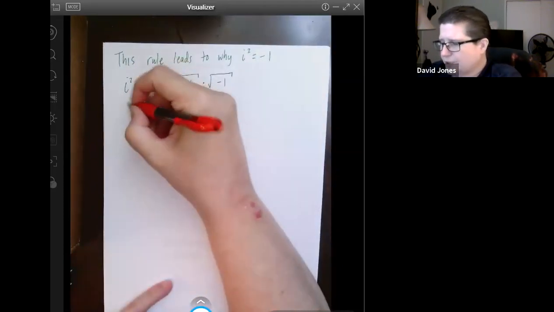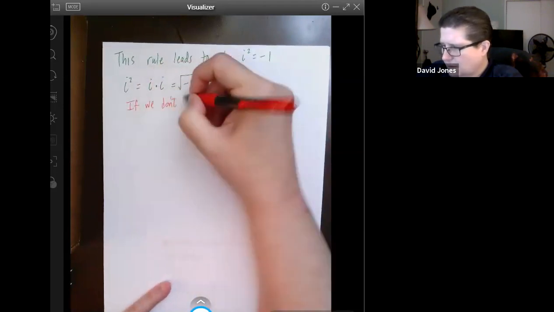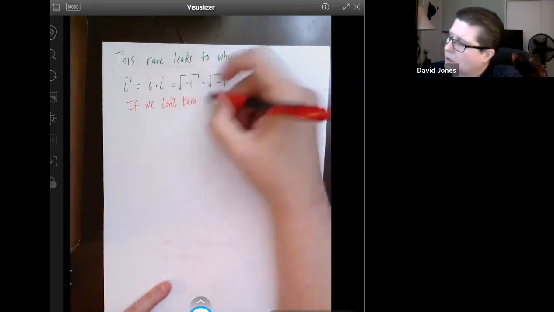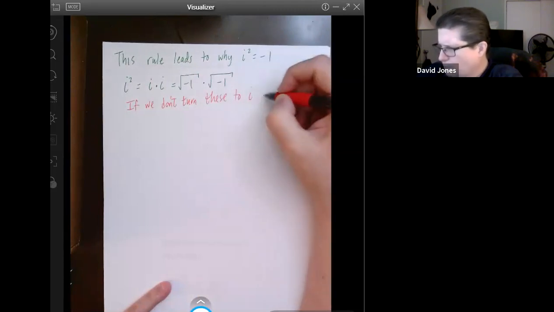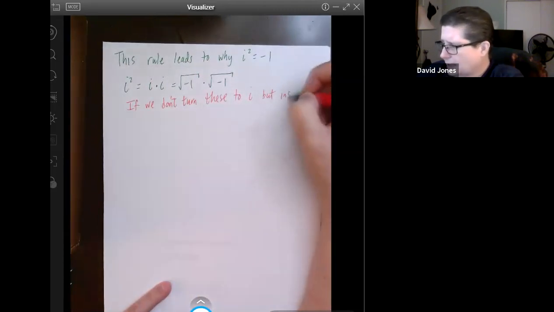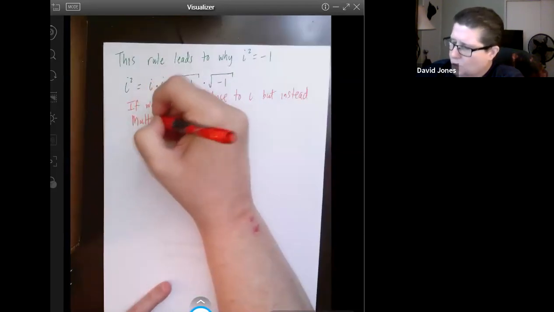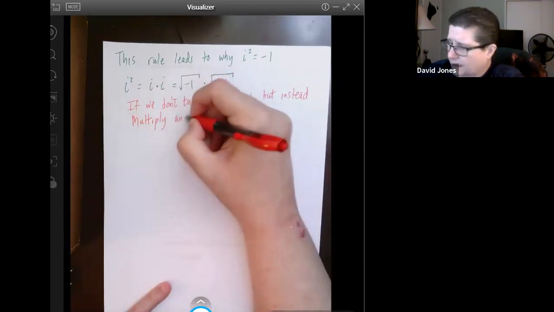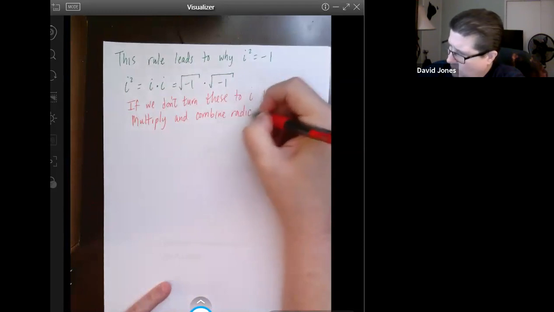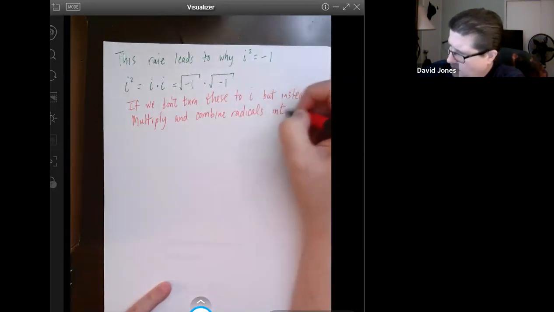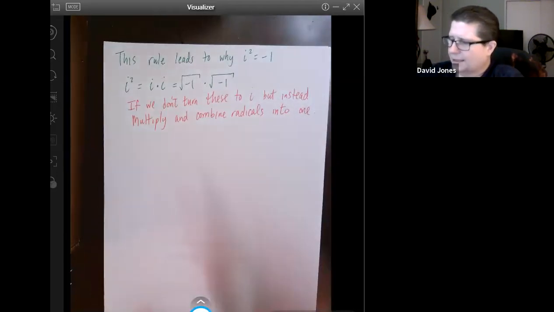If we don't turn these to i's first, but instead multiply and combine radicals into 1, we would have something like this.